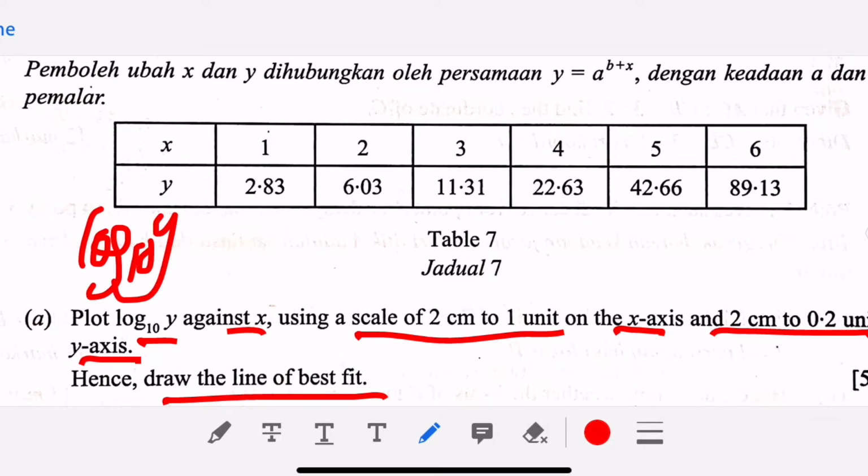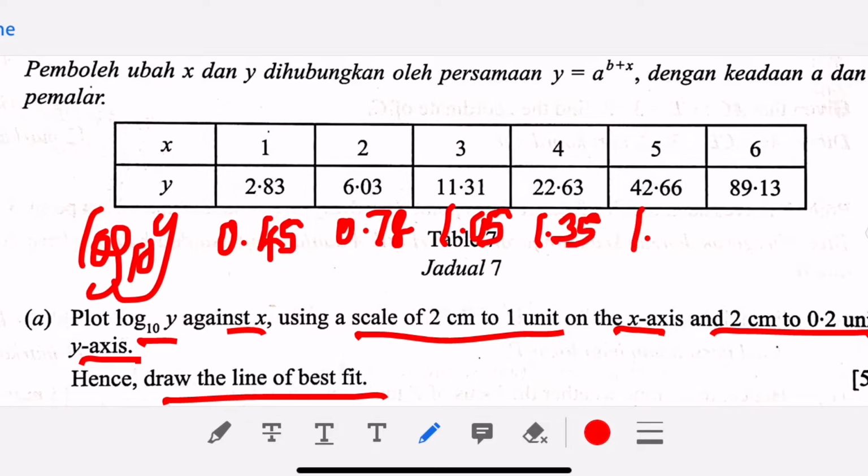Alright, if you press your calculator, you must make sure you have 2 decimal places after rounding off. You can have more than 2 decimal places, up to you, but make sure you round off to 2 decimal places when you plot the graph. So be careful when you press the calculator.